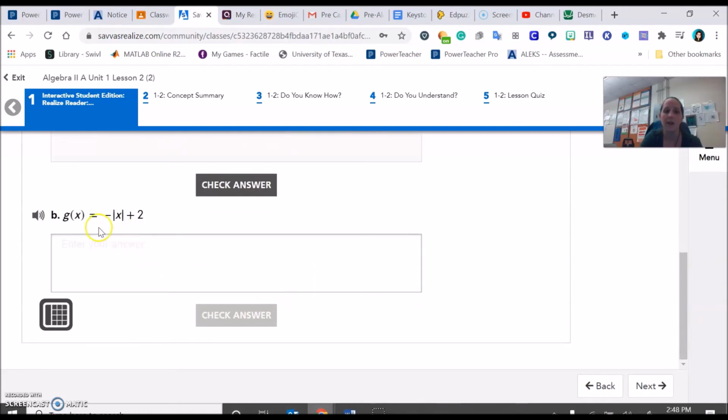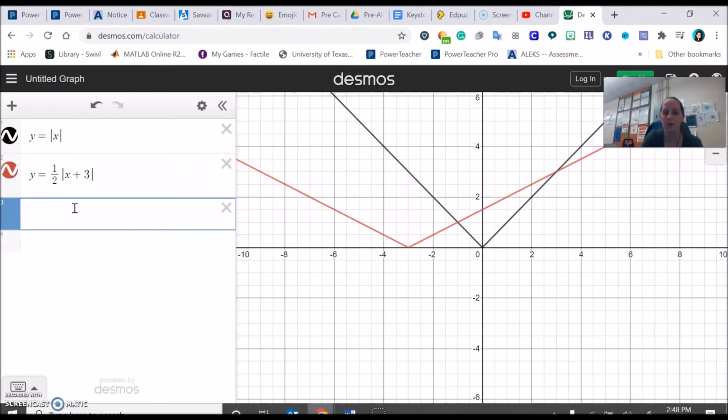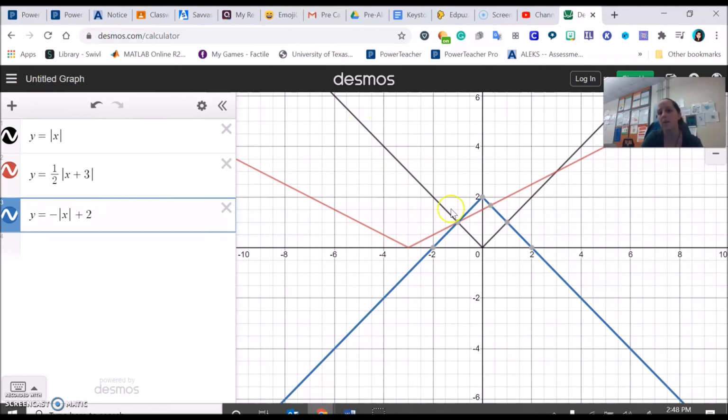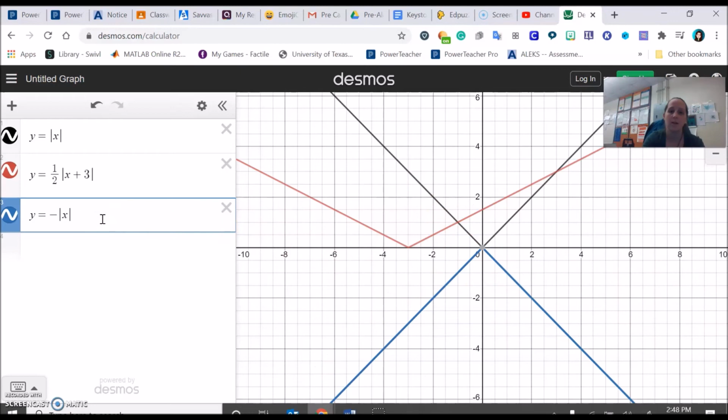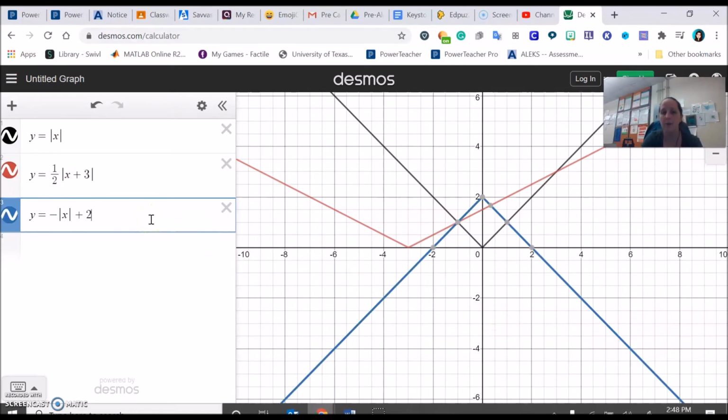All right, g of x equals the negative absolute value of x plus 2. So I can graph that one. y equals negative absolute value of x plus 2. Okay. So again, I can see all I did was, there's my negative absolute value of x, so that flipped over the x-axis, and that plus 2 moved it up 2.